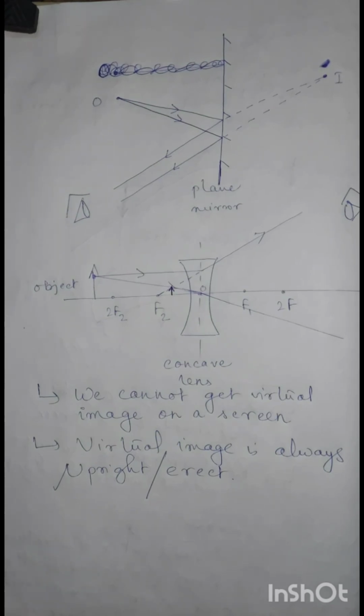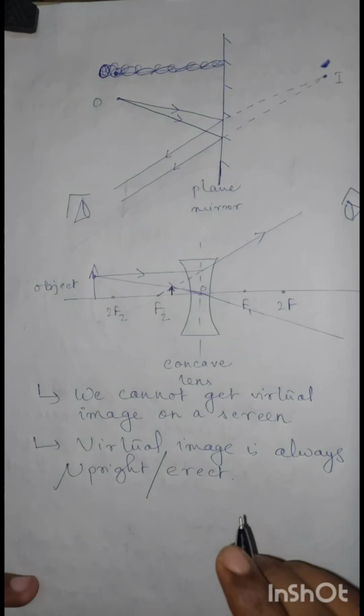Point 2, a real image can be obtained on a screen, a virtual image cannot be obtained on a screen. Number 3, a real image is always inverted with respect to the object. A virtual image is always upright or erect with respect to the object.